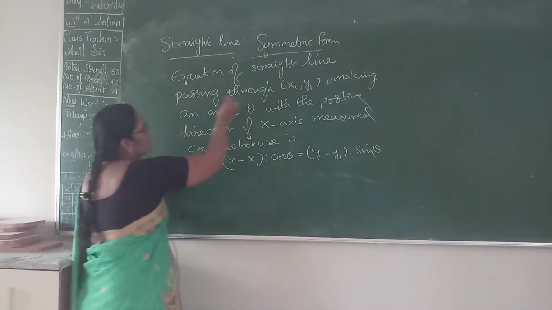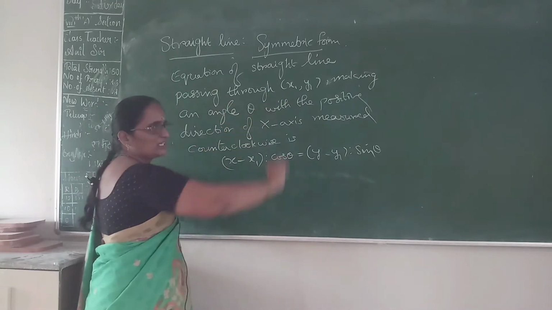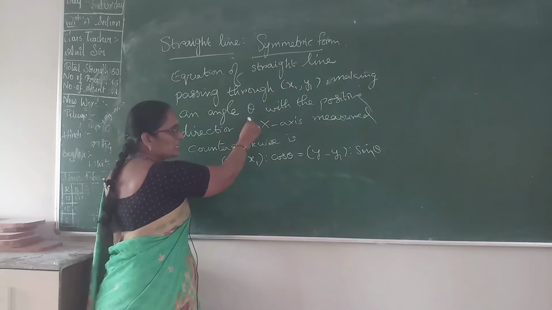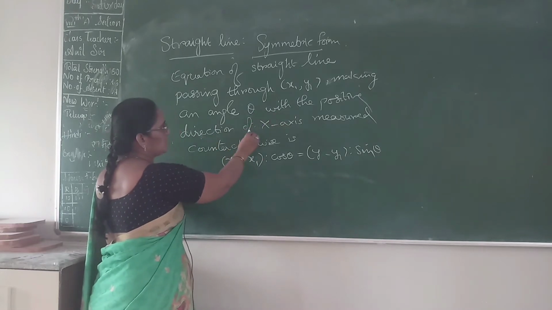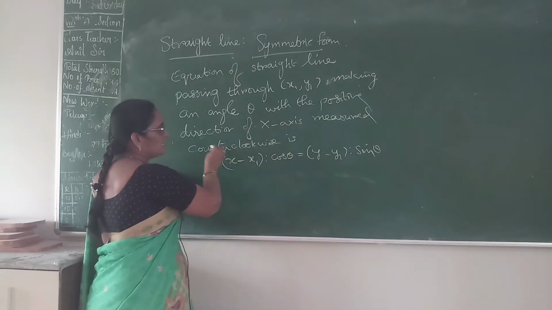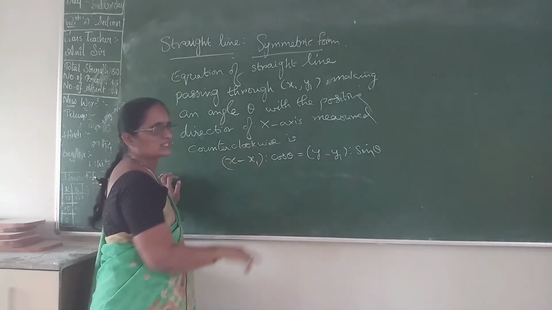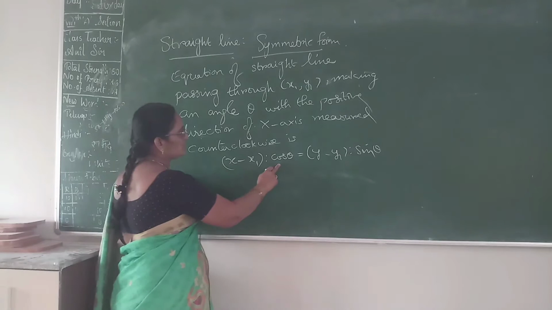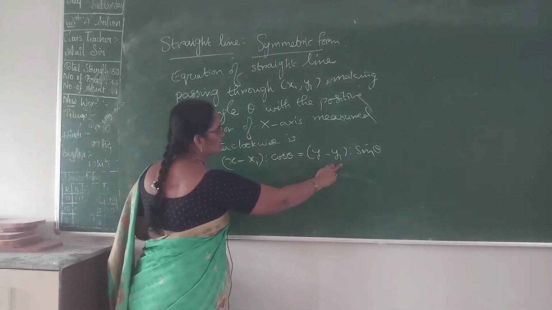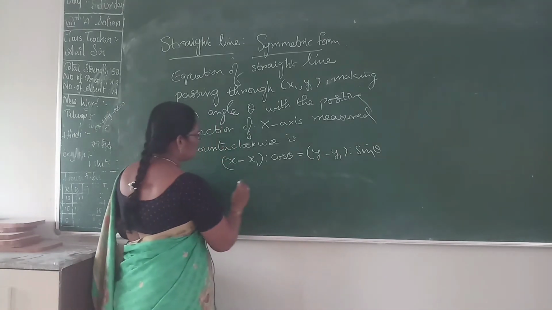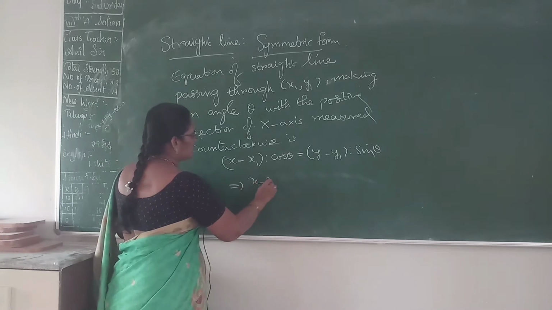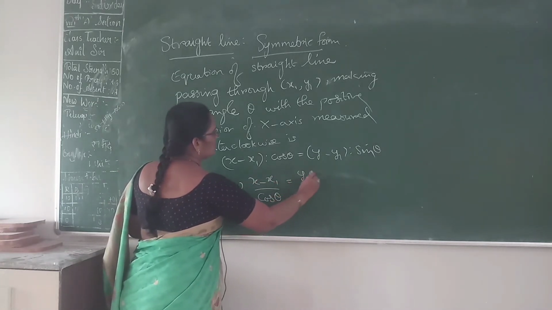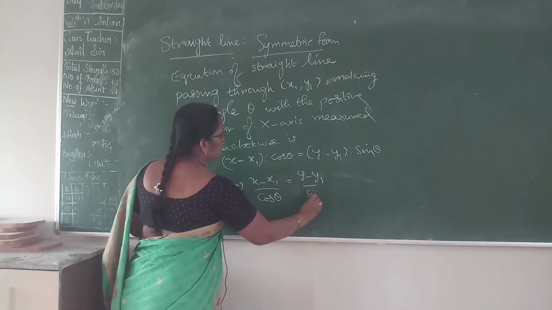For that, the equation of a straight line passing through a point x1 comma y1 which is making an angle theta with the positive direction of x axis, here also taken anti-clockwise, then the formula is x minus x1 upon cos theta is equal to y minus y1 upon sin theta.